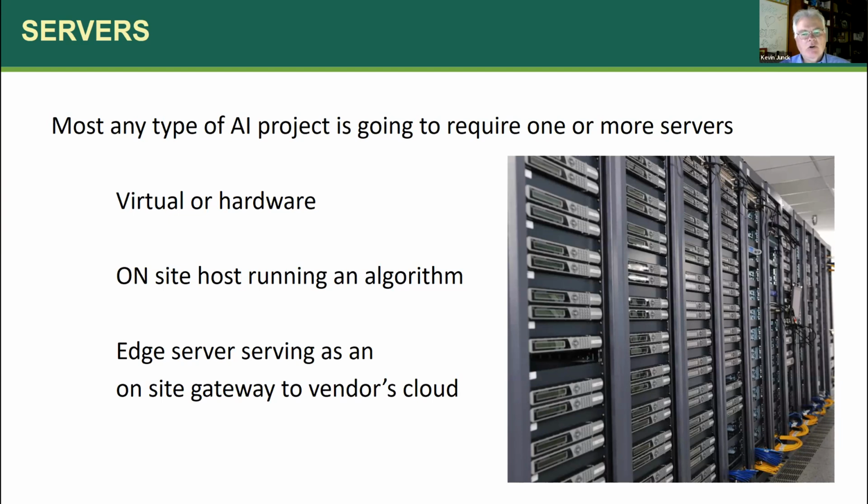It's going to sit on your network and serve as kind of a gateway between your systems, the PACS, the voice recognition systems, the imaging modalities, and the vendor's cloud, where they're going to do maybe their processing of your images.